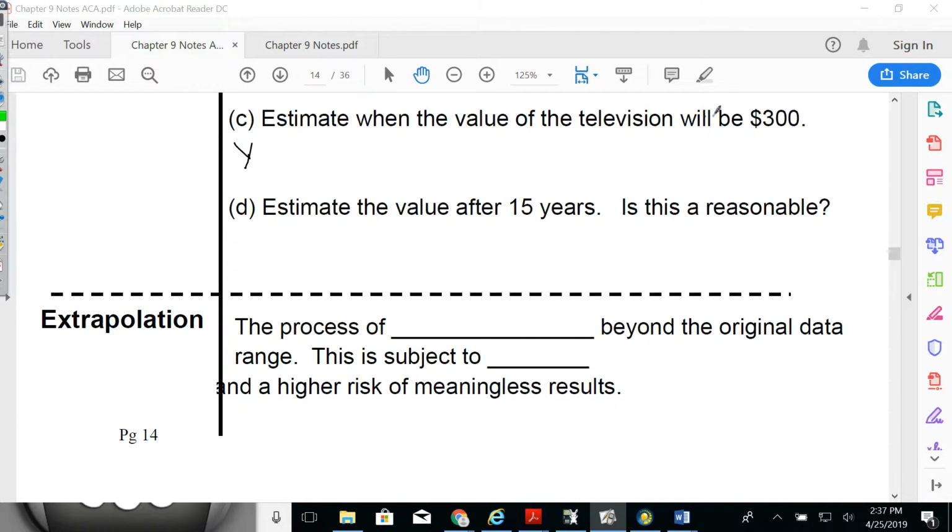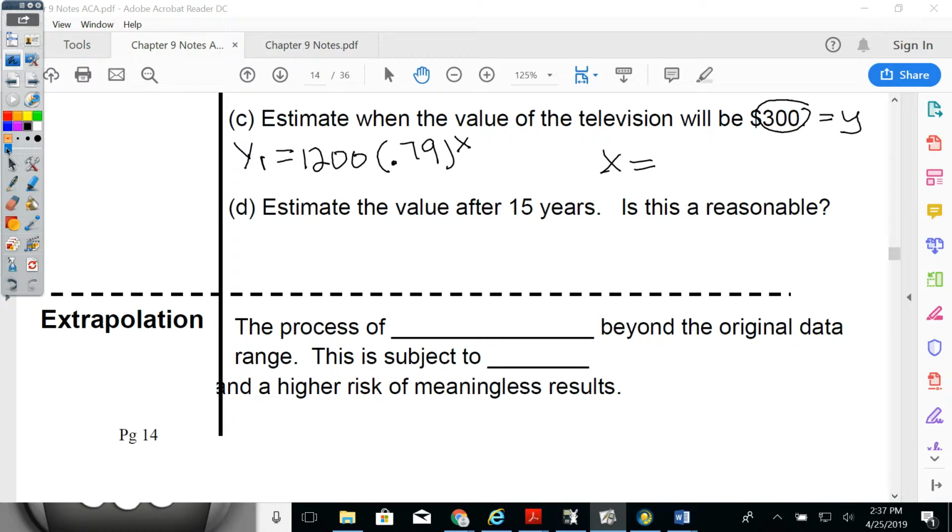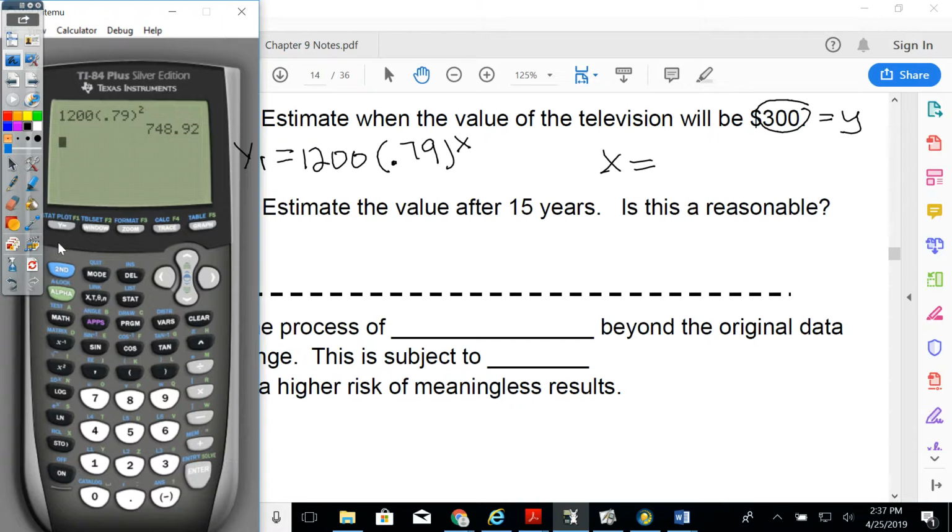Because 300 is giving us the y, we want to plug it into y equals and estimate the year. So the equation is 1,200 times 0.79 to the x power. And we want to see when y equals 300 or about 300. It's not going to be exactly 300.